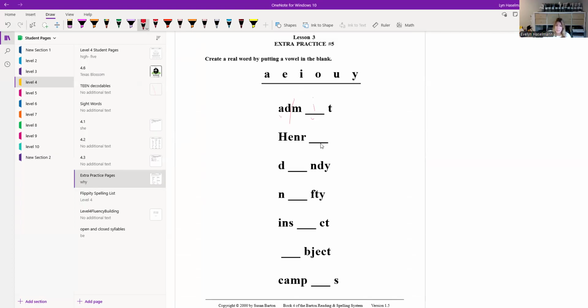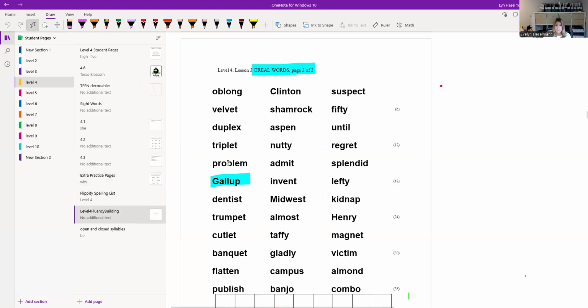So we've got admit, we've got Henry, we've got dandy, nifty, insect, object, and campus.